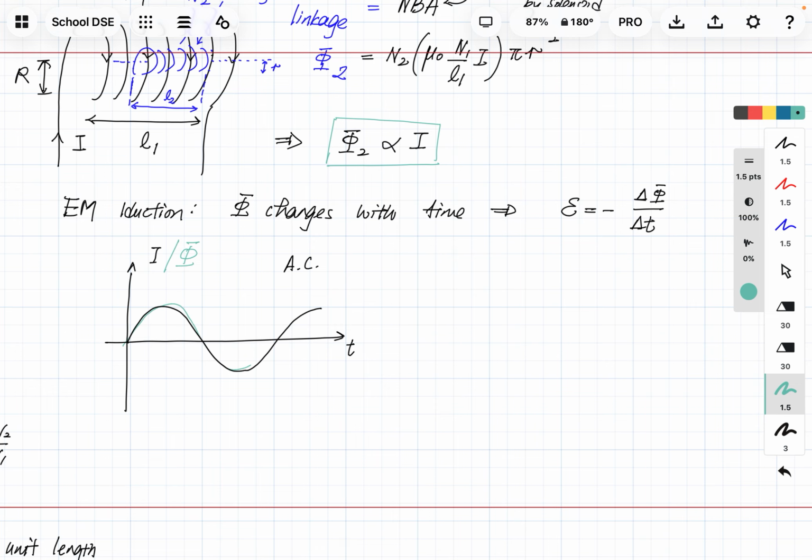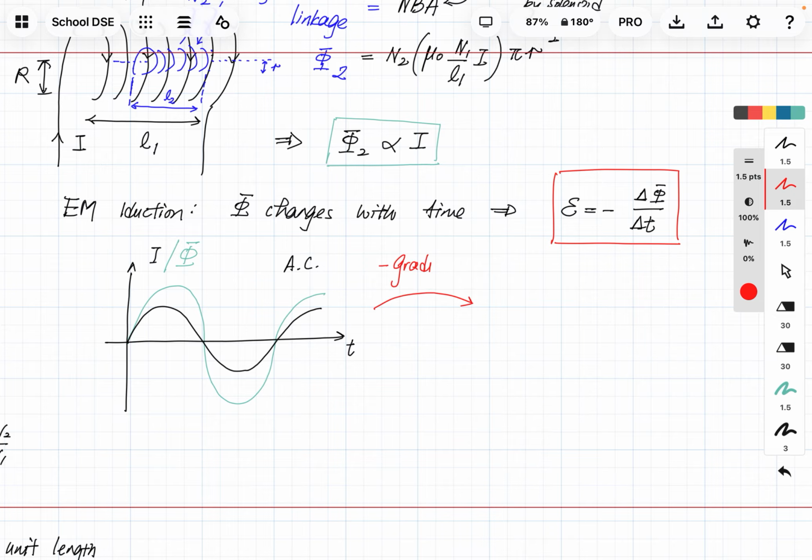In this example, the bigger solenoid is 1. The current flows in the bigger solenoid, producing a magnetic field. And then the smaller solenoid, solenoid 2, is inside the big solenoid. And this second solenoid, solenoid 2, experiences the magnetic field. So it has magnetic flux linkage.